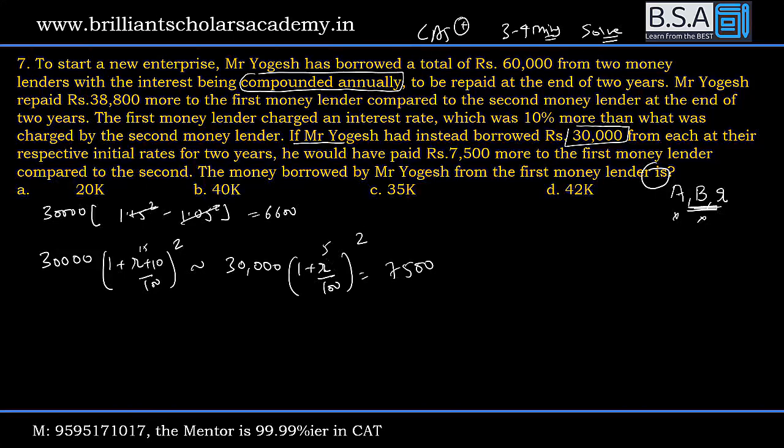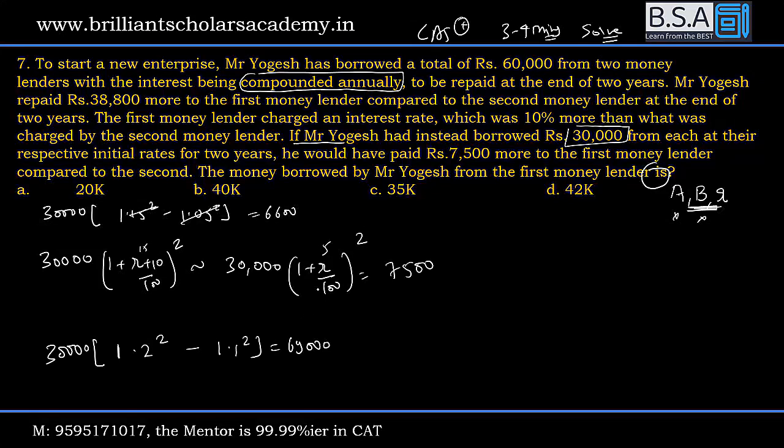If I take R equal to 10%, this becomes 30,000 into 1.2 square minus 1.1 square. I'm testing numbers. You can use a calculator, or you can use A square minus B square, totally up to you. Even now, this is 6,900. 10% is not enough.